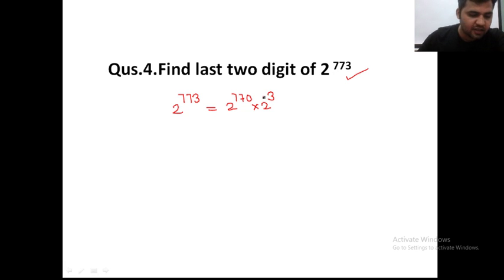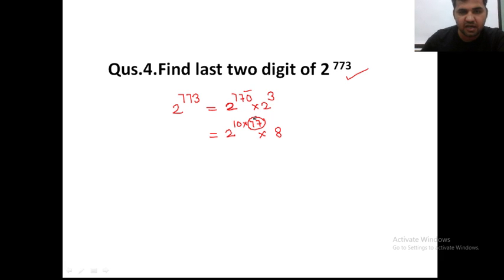Now move forward, 2 power 770. Now the power is an even multiple of 10 or an odd multiple of 10? 2 power 770 can be written as 2 power 10 into 77, into 2 power 3, which is 8. Now 77 is an even multiple of 10 or an odd multiple of 10?